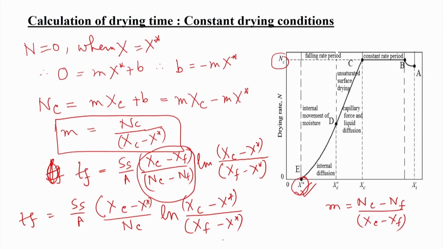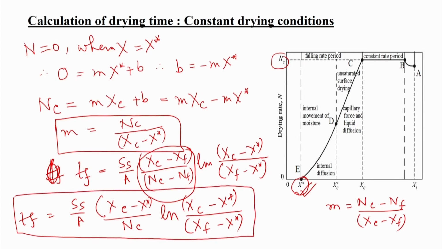Okay. So, whenever it is going up to x*, we have t_f equal to S_s by A into (x_c minus x*) by n_c into ln (x_c minus x*) by (x_f minus x*).